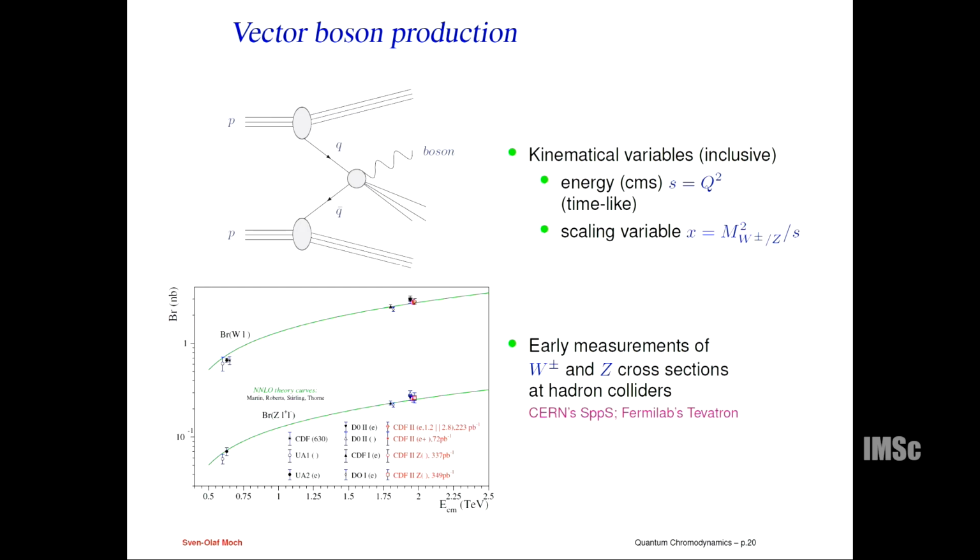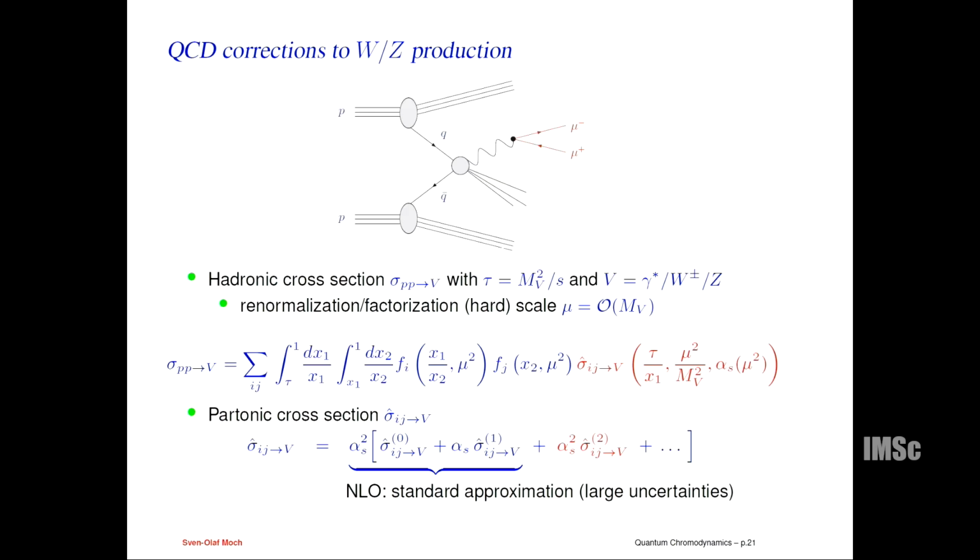This is a plot of early measurements of W and Z boson production cross-sections: the SPS measurements made at CERN that led to the discovery of the W boson in the 1980s, then Tevatron measurements, and by now at 7, 8, 13 TeV we have much more data from the LHC, so this is a very well understood process.